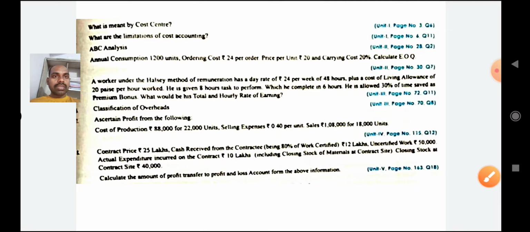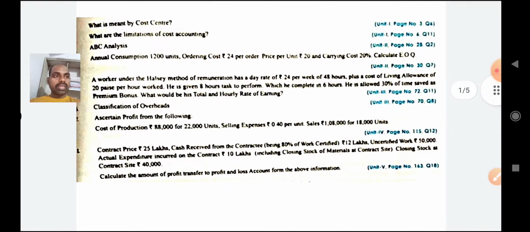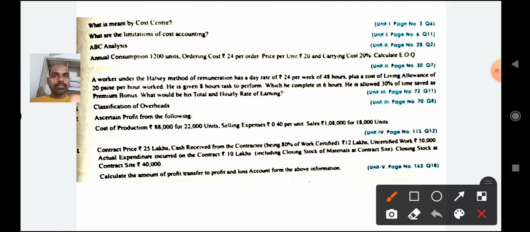After that, let us see the problems relating to this paper. Question number 4, we are having an EOQ problem. Annual consumption, that is A. Ordering cost rupees 24 per order, this will be your O. And price per unit 20 rupees, which will be used to calculate carrying cost.